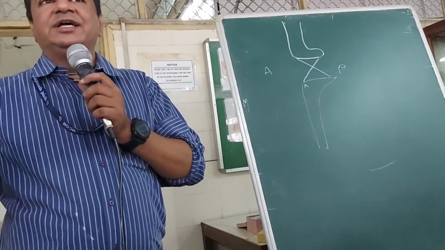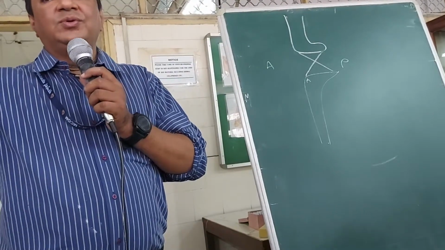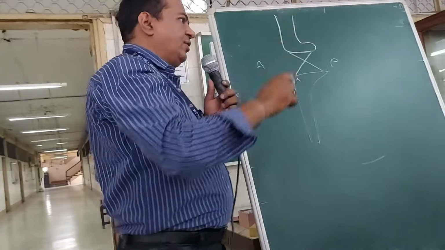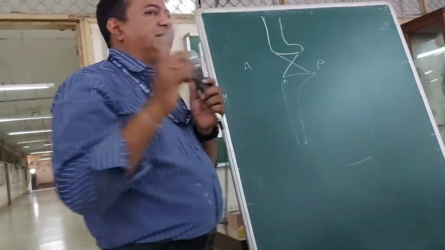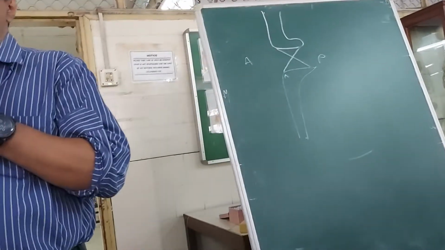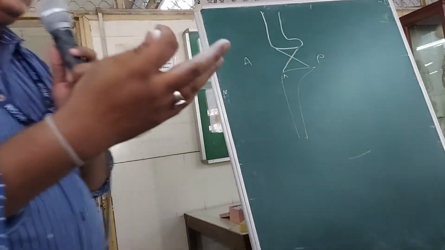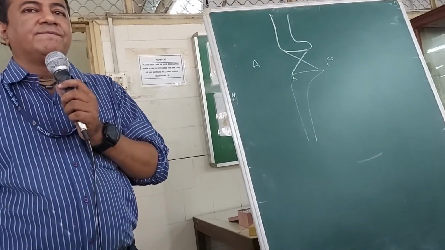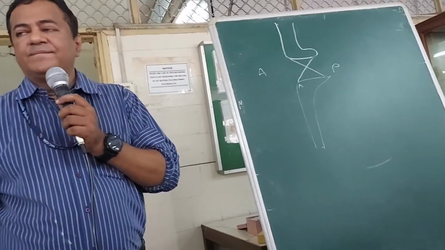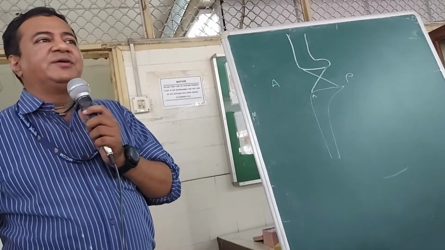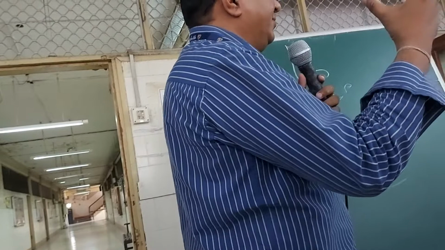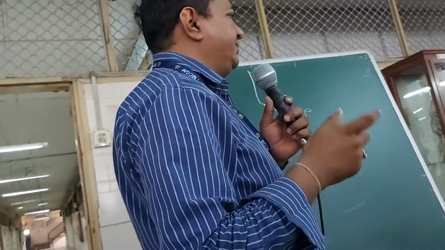So anterior cruciate gets attached to the medial surface of the lateral condyle, and posterior cruciate gets attached to the lateral surface of the medial condyle. Is that clear to all of you? Anterior cruciate becomes taut during extension. Taut means tight. Posterior becomes taut during flexion.